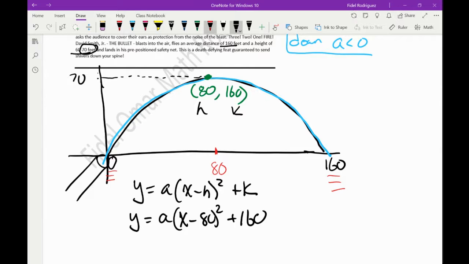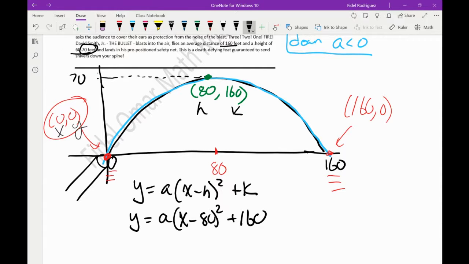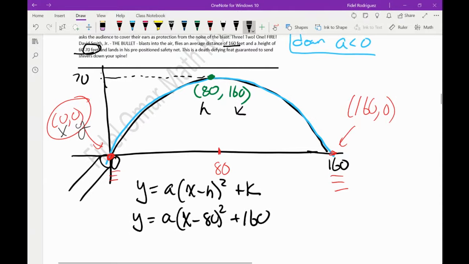And then we can say, look, we have another point on the graph. We actually got two other points. We have this point here and that point right there. This point right here, y'all, would be the point 0, 0. So I'm going to use that one. We could use this one too. This would be the point 160, 0. But I'm going to stick with this one because zeros are easy to plug in. Remember, that's my X and that's my Y.